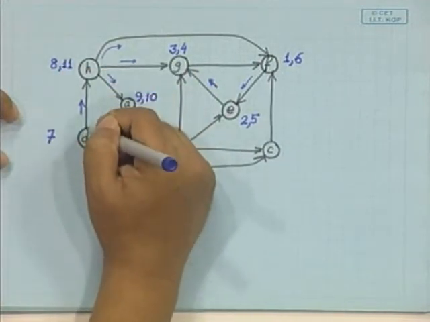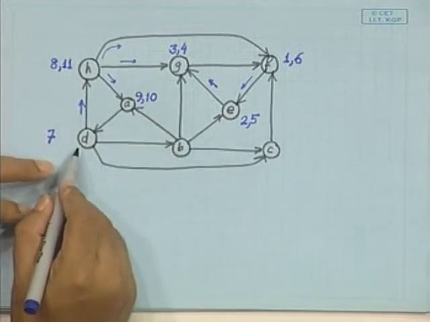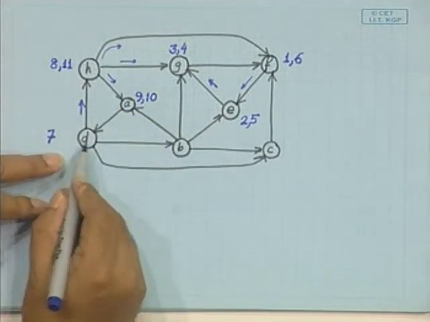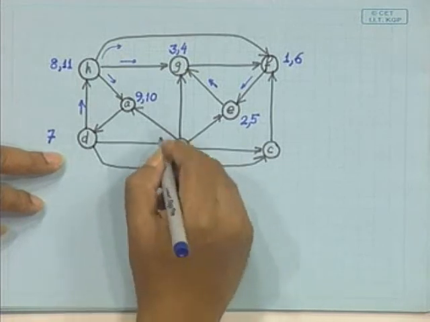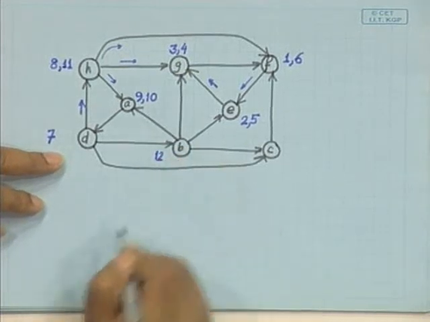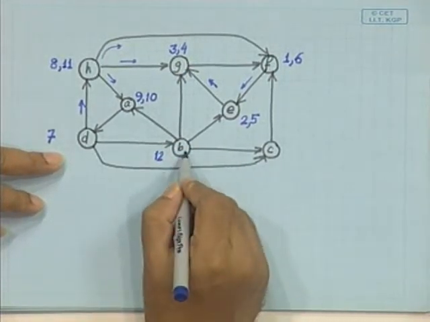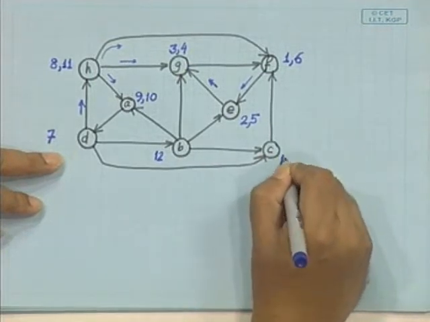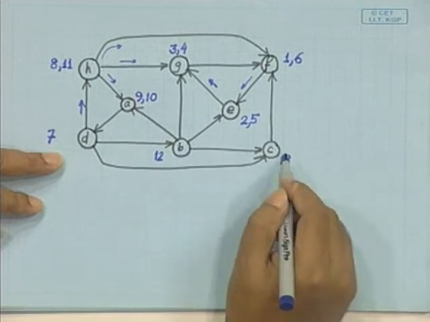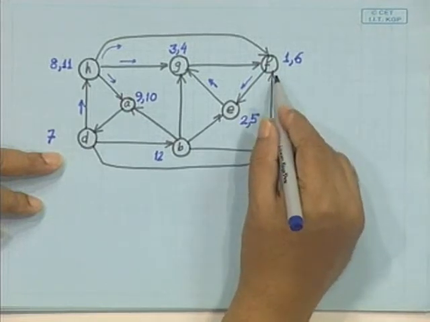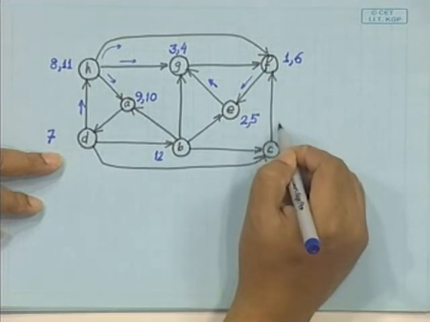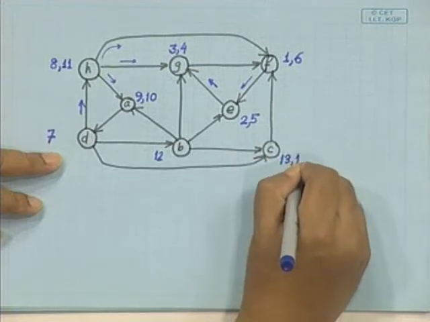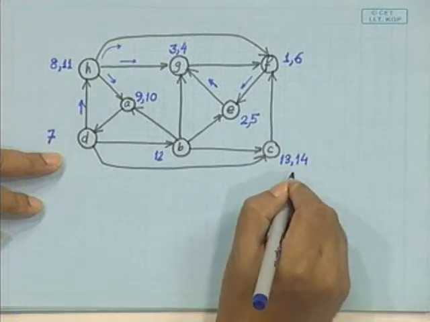Then we backtrace from here. Any other place to go from here? Yes, we can go to B, so this is 12, right? From this, any other place to go? Yes, we can go here, so this is 13. From 13, if we try this, already visited, so no other place to go, so the exit number is 14.